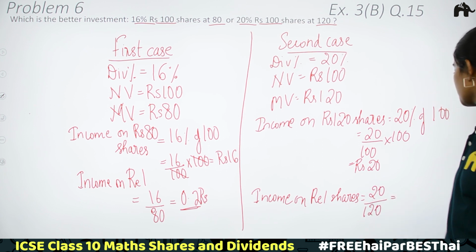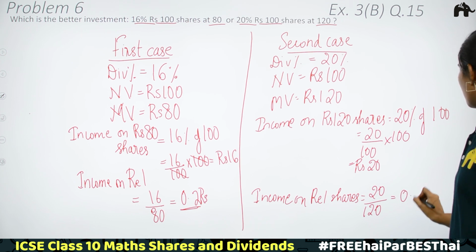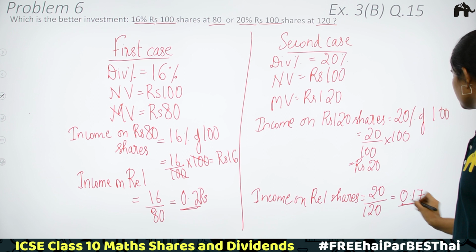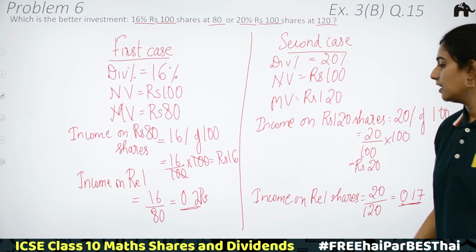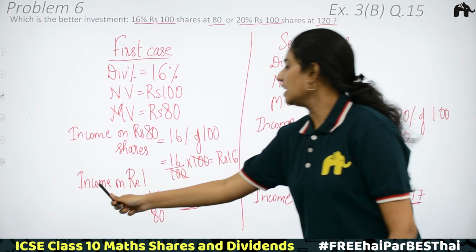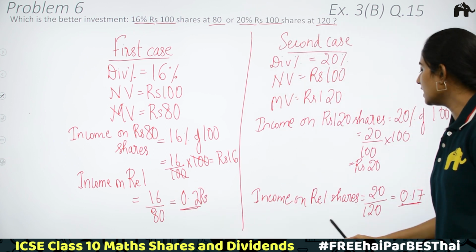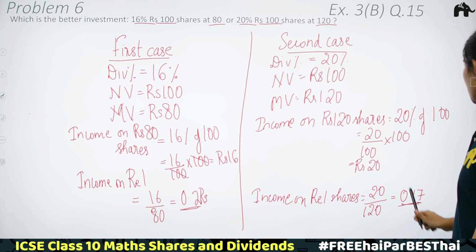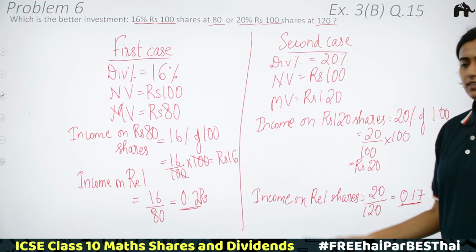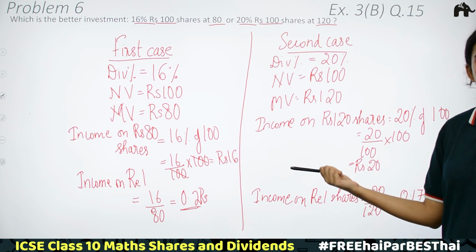You will be getting 0.17. Clear? Here the income on rupee 1 is 0.2 rupees. Here the income on rupee 1 is 0.17.